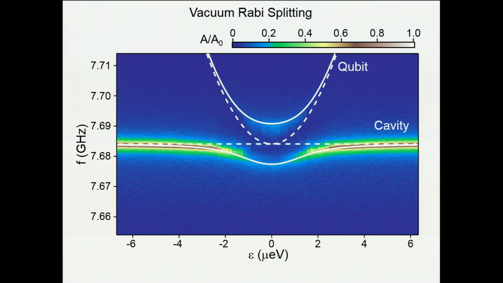And what you can see from these data is that when we lower the qubit transition frequency and bring it close to the cavity frequency, there's an avoided crossing. There's actually hybridization between the cavity mode, the photonic mode of this cavity, and the charge state of the double quantum dot.